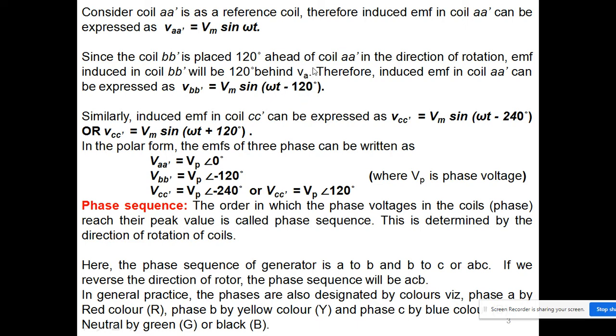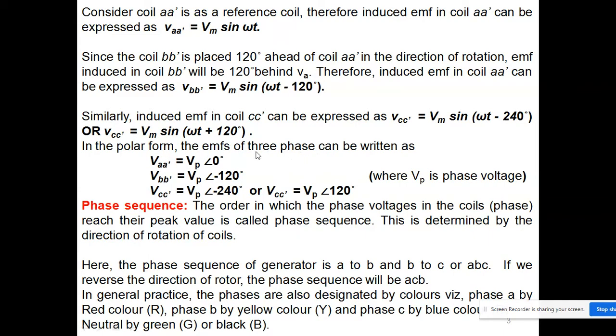That's why we put minus 120 degrees here. For the coil CC dash, you can write again 120 behind with respect to B, and in comparison with A, you can write 120 plus also here.